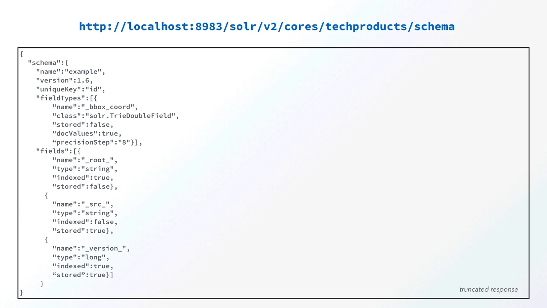Building on that request, it's just Solr v2 cores. Now I want to look at the schema for tech products. So a couple of endpoints farther, I have tech products schema, and I would use this endpoint consistently for all my interactions with the schema for this particular core.